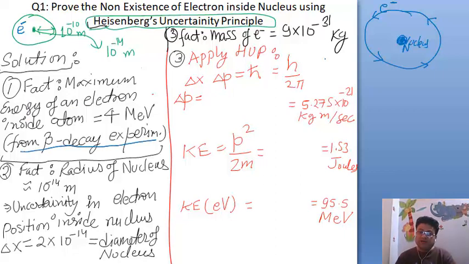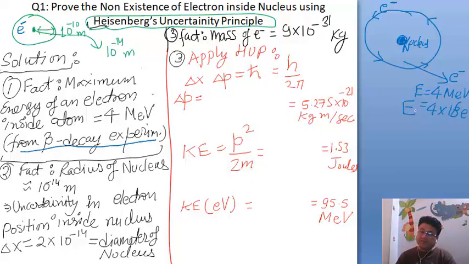We know that when electron comes rushing out of an atom, its maximum energy is found to be 4 mega electron volts, that is 4 into 10 to the power 6 electron volts.